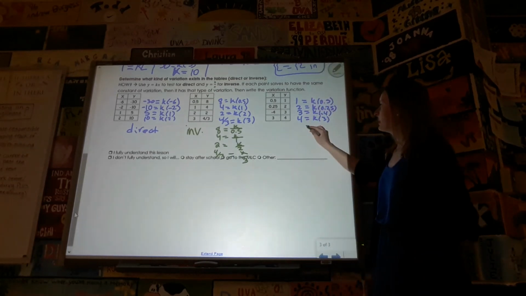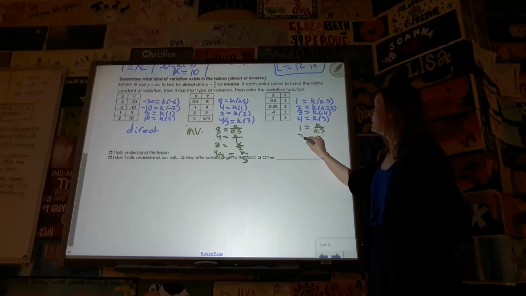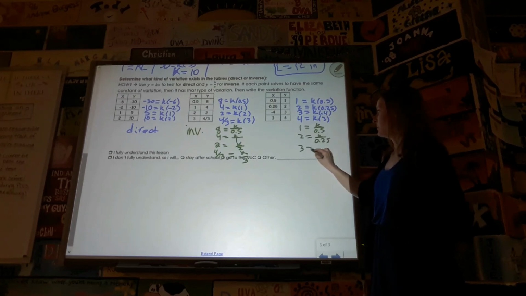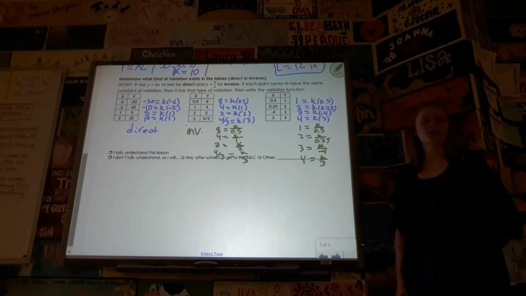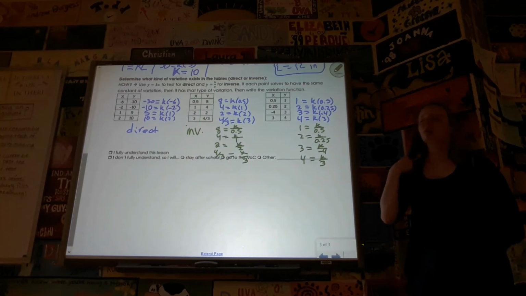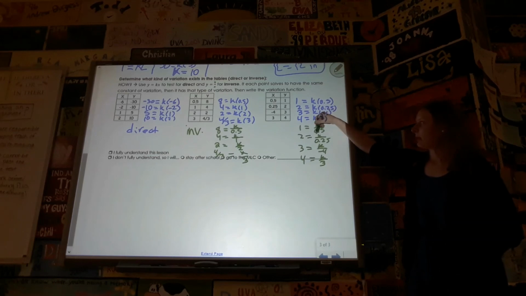Now we're going to try really quickly for inverse. We're going to do the same thing, but we're going to do multiplication instead of division. Now in this setup, when I multiply to solve for k, what is 1 times 0.5? 0.5.